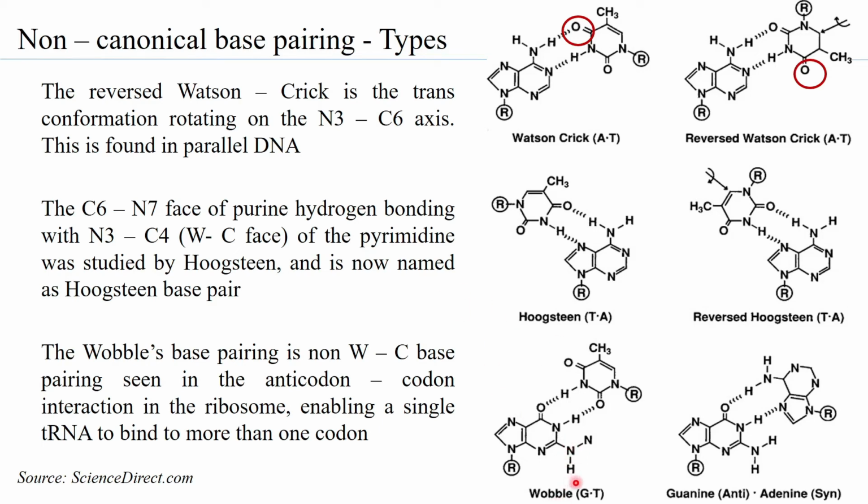So when you look at over here, G should ideally bind to C, but it is binding to T. So the G binding is wobbling, where complementarily it should bind to C, it is binding to T.